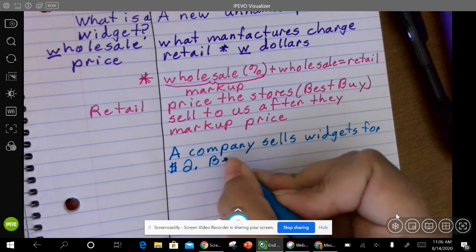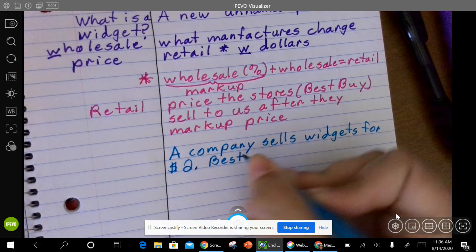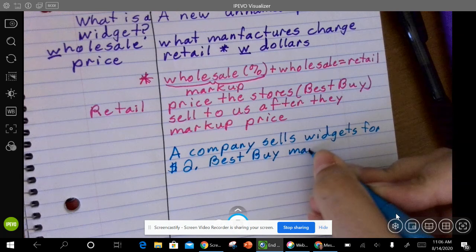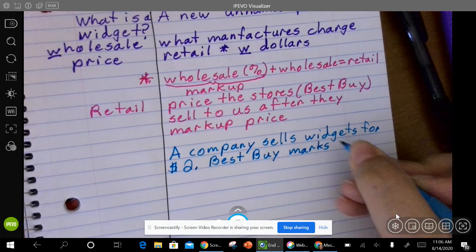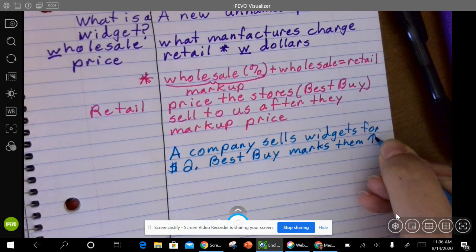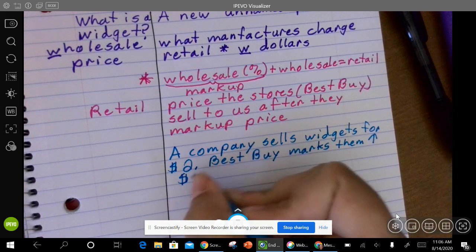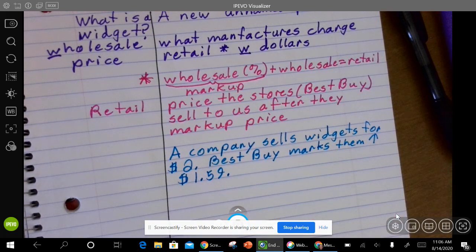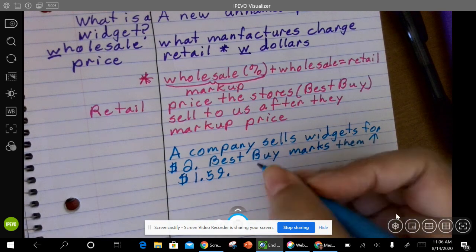Best Buy, okay, so they mark them up. So they mark the widgets up $1.59. Okay. So how we figure this out, everybody?